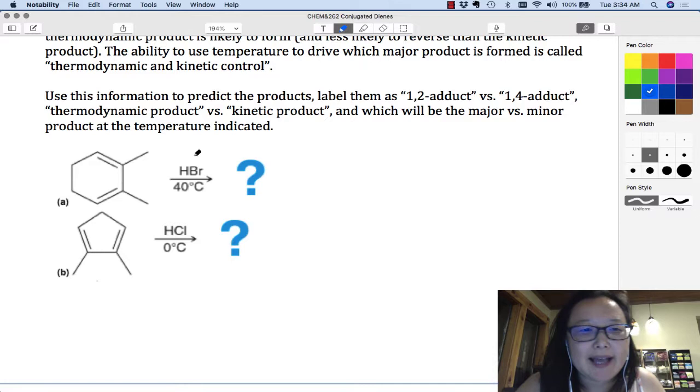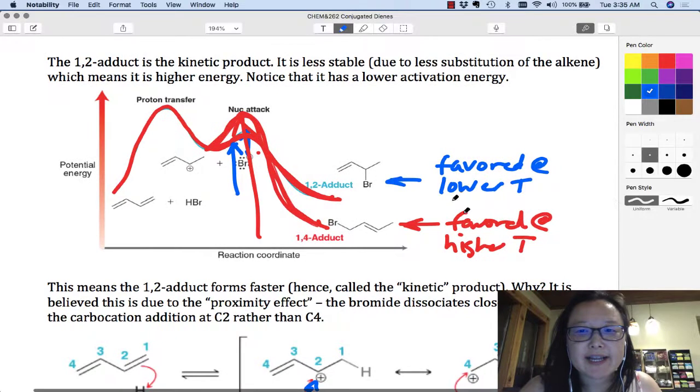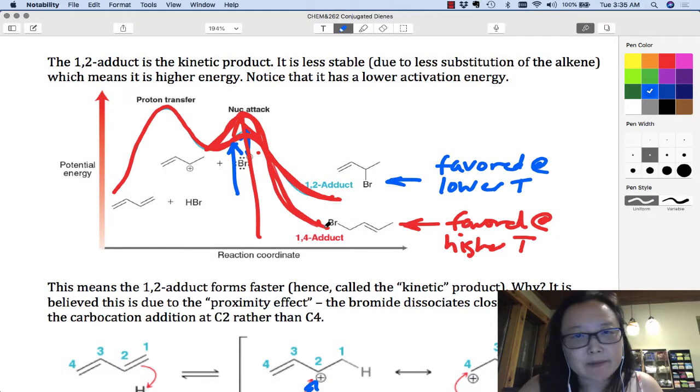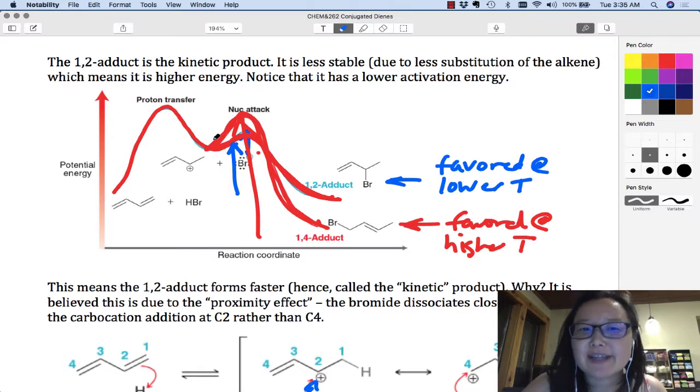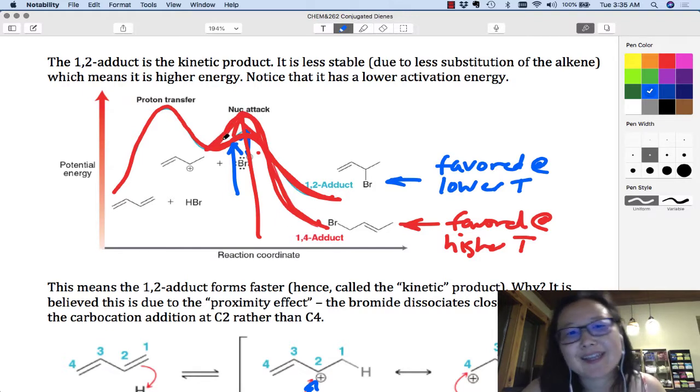So let's use these as an example. Here I've got HBr and I've got 40 degrees C, which I'm considering high temperature. So here the more favored product at higher temperature is going to be the thermodynamic or more stable product. Again, because you're more likely to reverse from a kinetic product into a thermodynamic product than the other way around, due to the reverse activation energy being much higher for the thermodynamic product than the kinetic product.